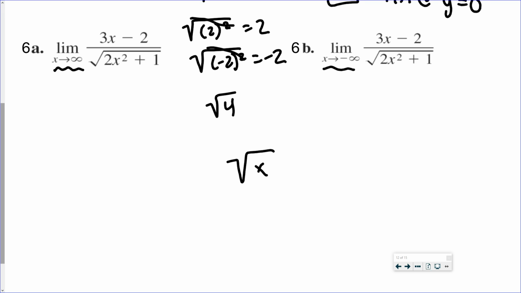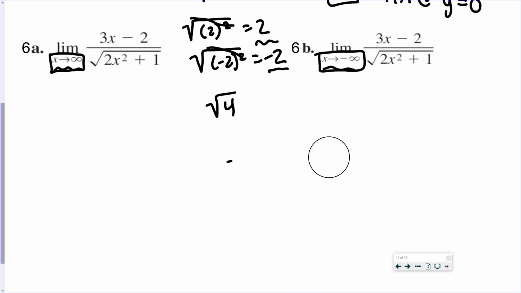So if we don't know what x is, we say it's the absolute value of x, so that no matter what x is, it comes out positive. But it really could be a positive version of that number being squared, or the negative version. So you have to be conscious of that, depending on if you're taking the positive x values or the negative x values.